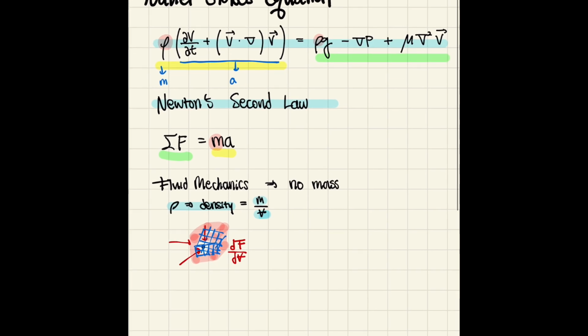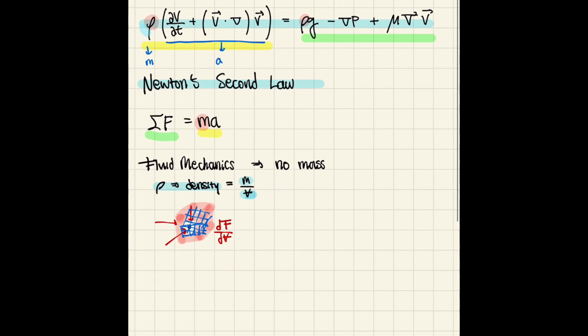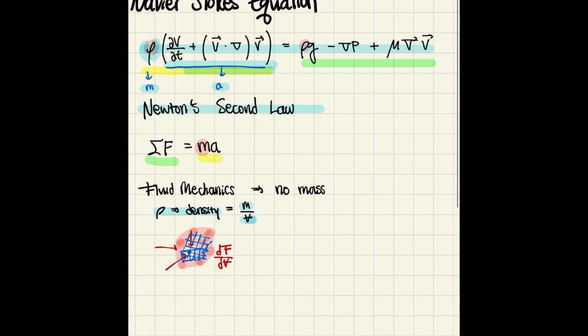That's why you can see that this rho, density, refers to the mass, and this long differential equation refers to the acceleration. So let's first derive the left side of the Navier-Stokes equation. You can see that the left side is rho times partial v partial t plus this velocity and gradient combination, which refers to the acceleration.